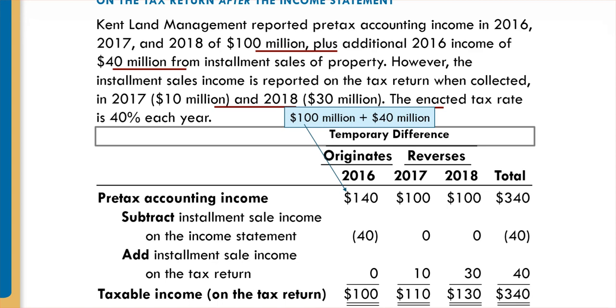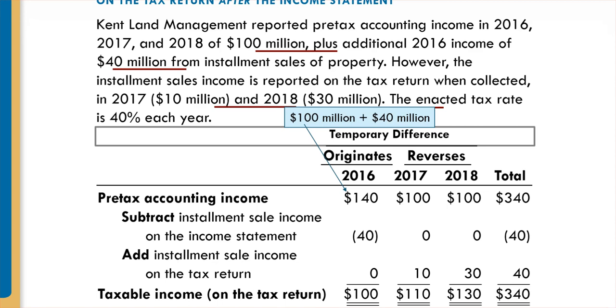Now you could have shortcutted it, and the shortcut would be obviously to take the 40 times the 40%. But I want to caution you right now that the rule we use is that you need to put it in as a deferred tax asset or as a deferred tax liability.